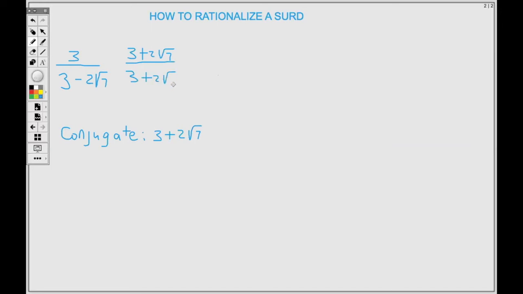So let us expand. So 3 times 3, that gives us 9. Then 3 times 2 root 7, you multiply 3 times 2, that gives us 6. Then we rewrite the surd.